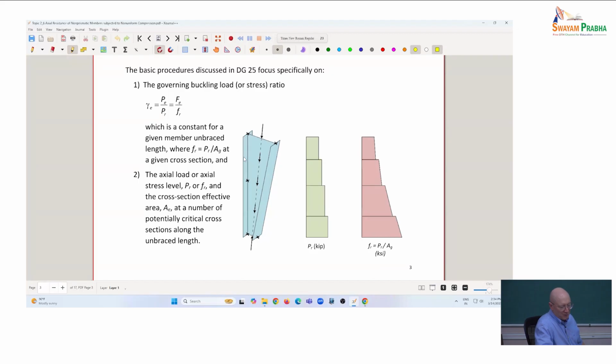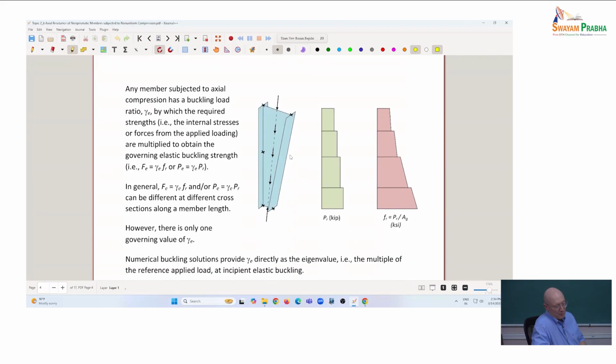And based on the calculations we've just been talking about, if it has slender elements. And then we consider that cross section like, okay, let's do a member design. I've got a uniform non-prismatic member that has that axial force, that effective area, and has the gamma E from item 1 here.